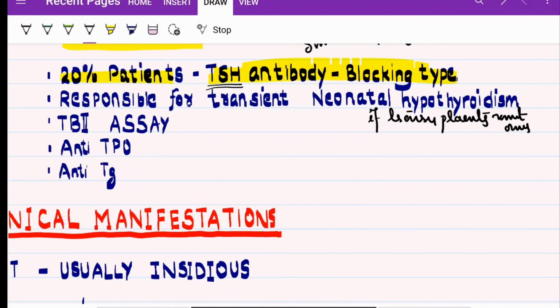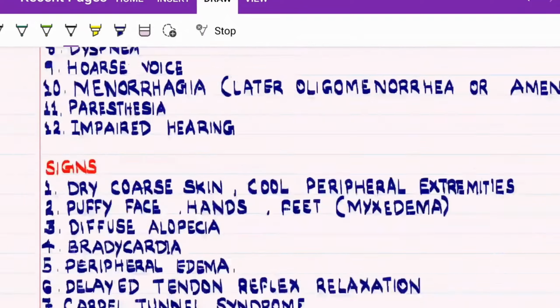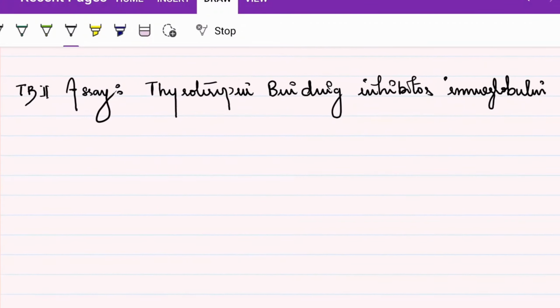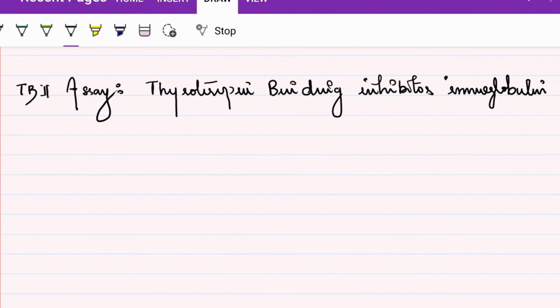Okay. TBI is the thyrotropin binding inhibitory immunoglobulin. The TBI assay can detect the antibodies; it just measures the amount of antibodies binding to the TSH receptor. Therefore, it does not differentiate between the blocking as well as the stimulating antibody. We have to correlate clinically along with the TBI assay result.